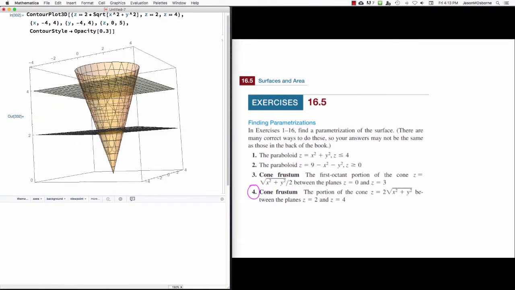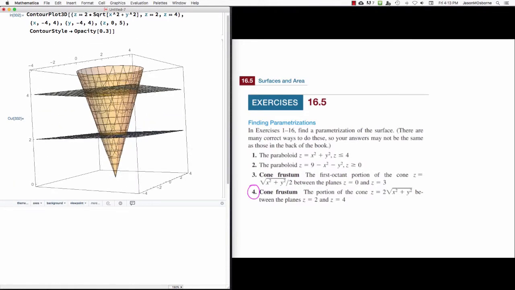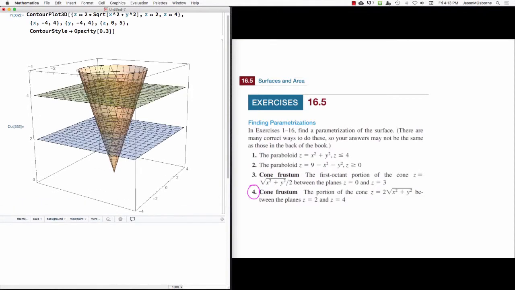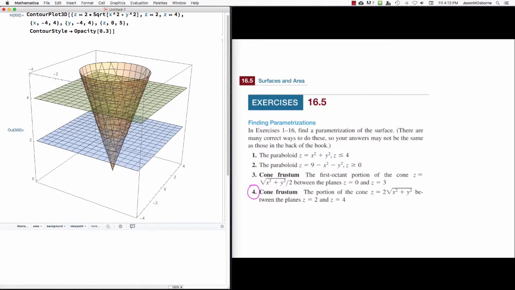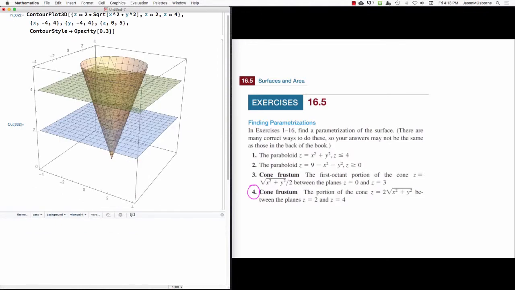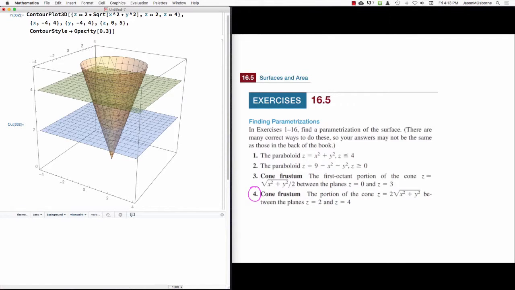So it should have a flat bottom, the surface of the cone, and it shouldn't go higher than that green plane right there. To describe that region, it's going to be helpful if we look at the parametric surface of it. The parametric description actually will be the best way to go.